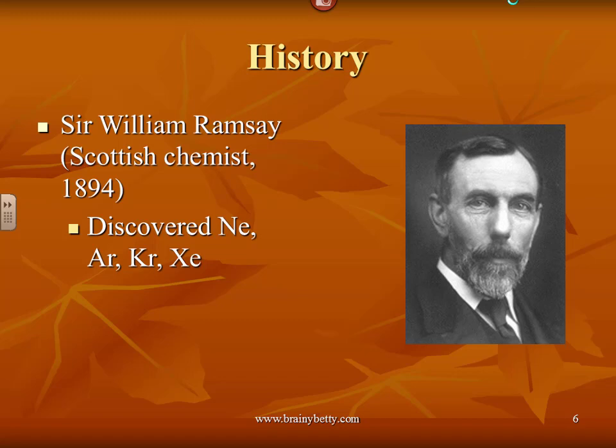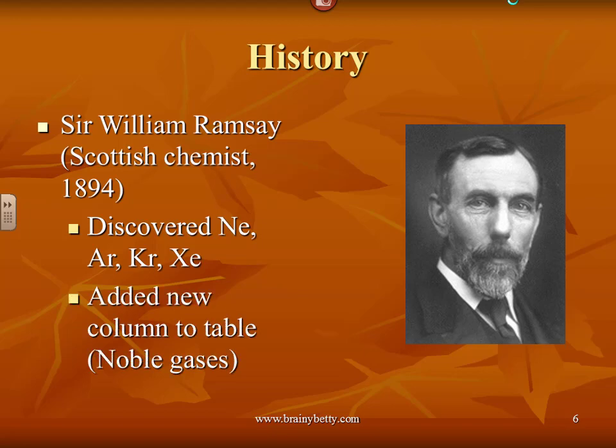Do you know what those elements are called or what their category is? The noble gases. And so he adds a new column to Mendeleev's table, and he calls it the noble gases. They're called noble gases because they really don't react with anything.